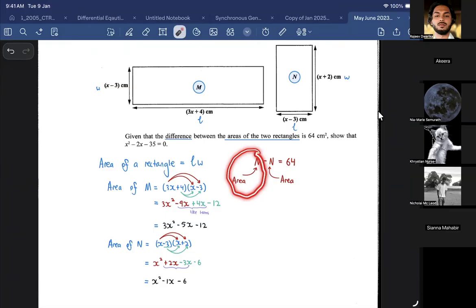No. Okay. Do we know what the area of N is, Christian? No, sir. We just write M and N, right? No, sir. We don't know the area of M. So Christian, what was the next step? What was the next thing I did?